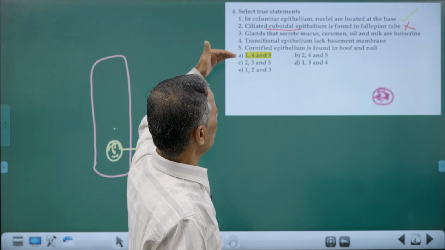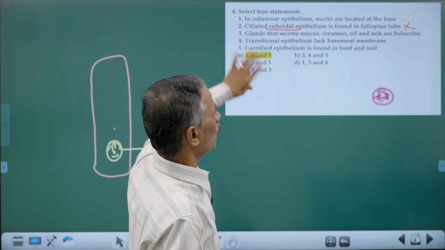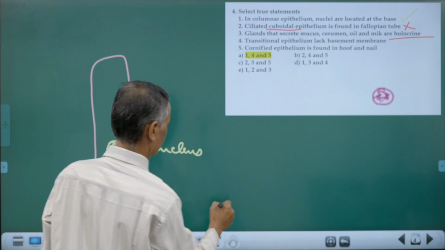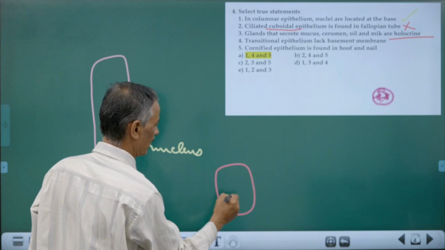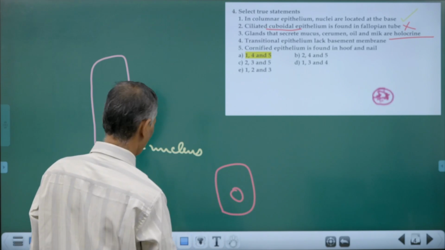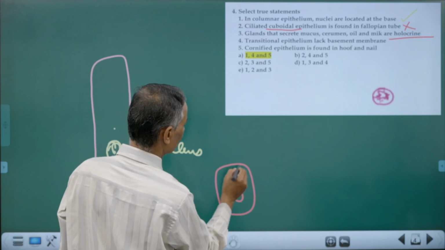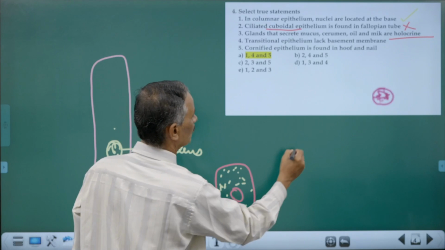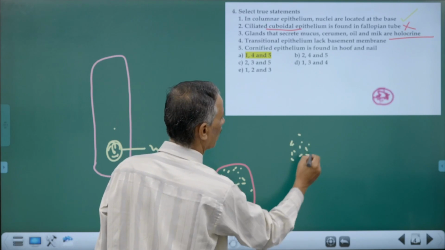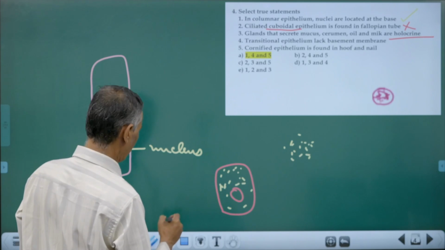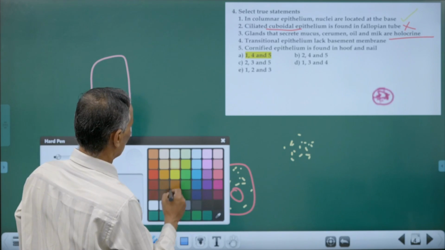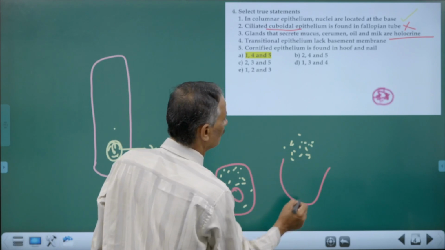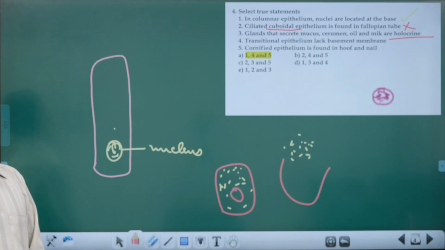Glands that secrete mucus, cerumen, oil, milk are holocrine. What is holocrine? For example, a glandular cell has the secretions. When the secretions fill the interior, the cell itself bursts. The whole cell bursts and it becomes dead. The cell bursts, causing the release of the content.